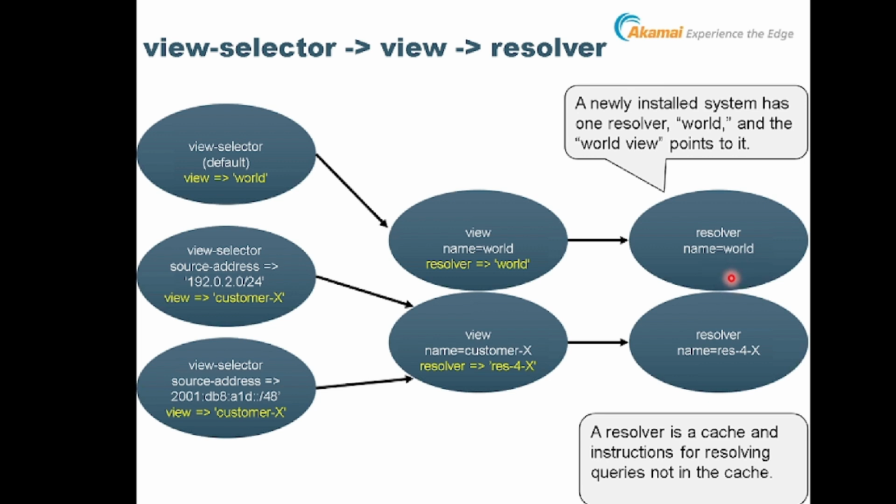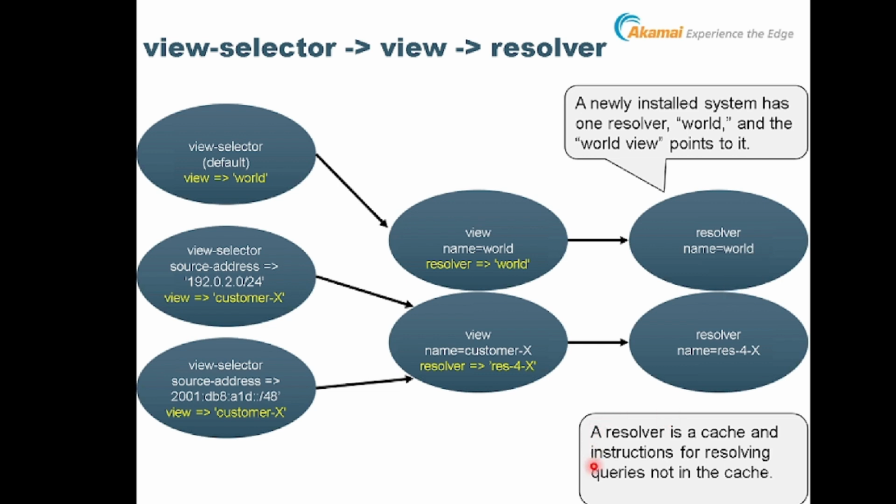There's typically relatively few resolvers. What is a resolver? Well, if a view selector is a filter that points to a view, and the view is a sort of staging area that points to a resolver, what is a resolver?